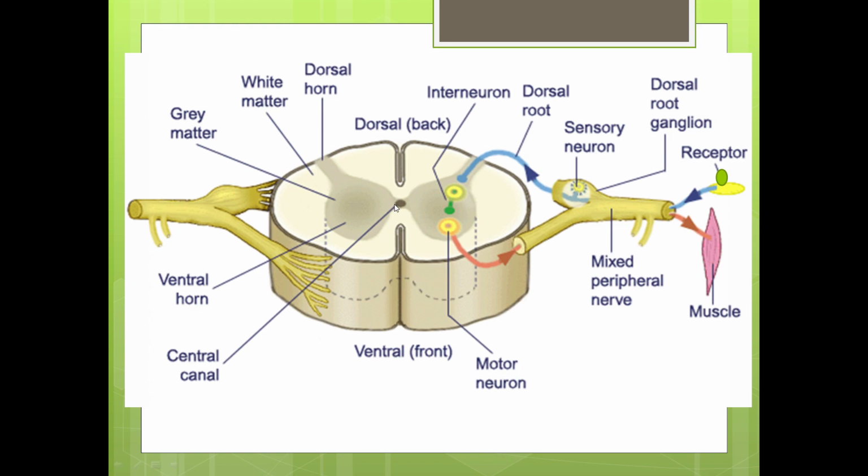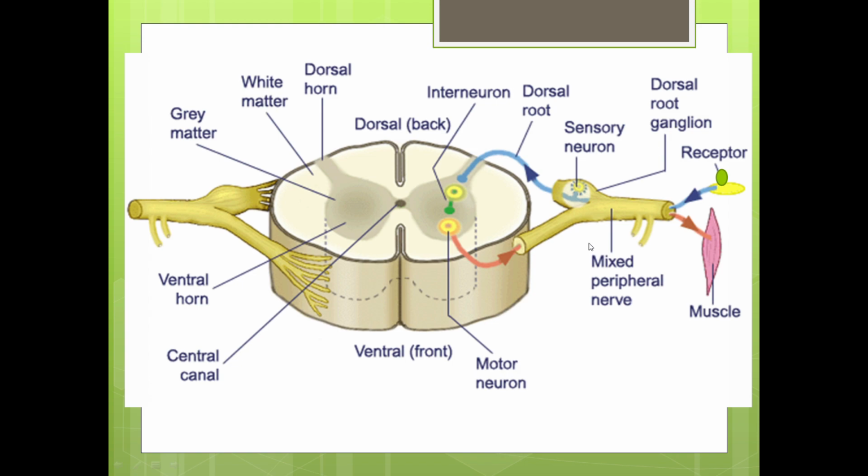Here the central canal, and these are a pair of spinal nerves. Each spinal nerve is connected to the spinal cord by two roots, the dorsal root and ventral root. The dorsal root has a swelling. We call it the dorsal root ganglion.